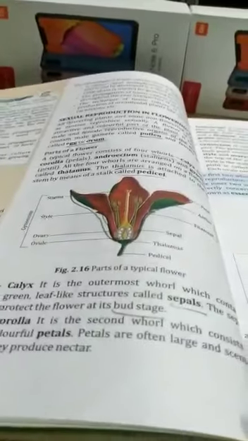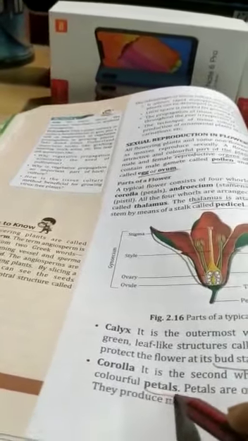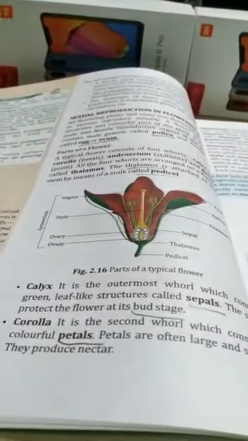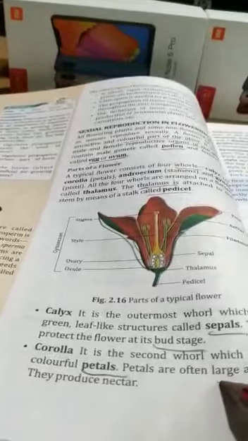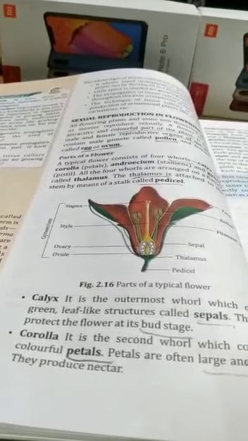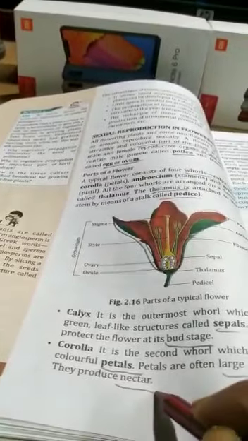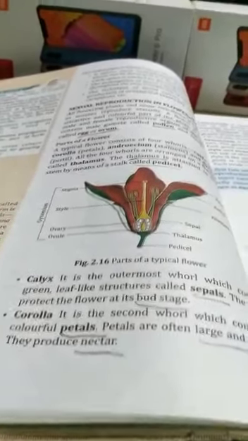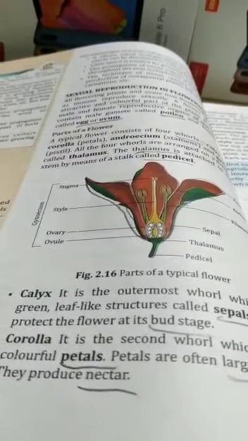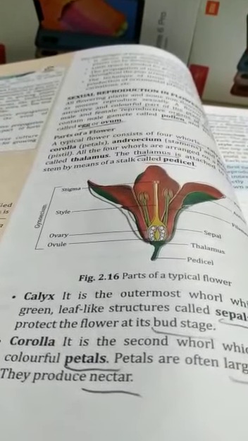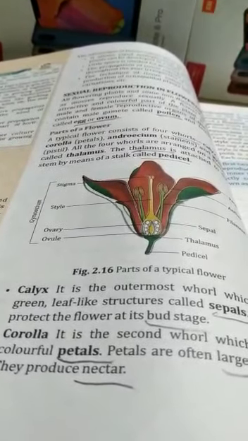Next, the second whorl of the flower is the petals. Petals are always colorful. They are often large and scented. They produce nectar. Nectar is a juice produced by the flower. Petals are also known as corolla.